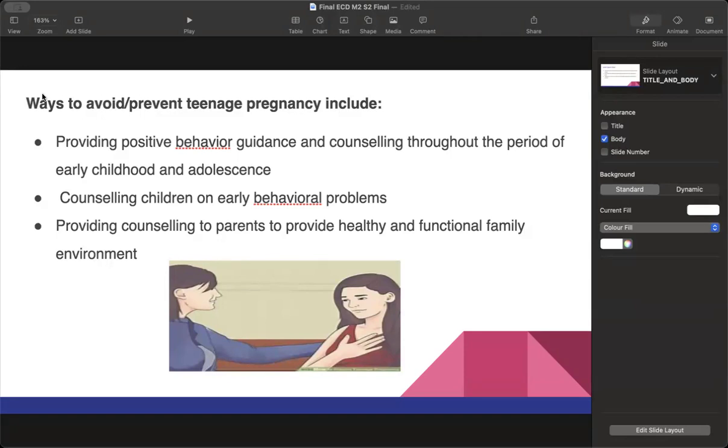This is a very bird's eye view on avoiding teenage pregnancy, but it's basically trying to simplify it by saying that when we start talking about uncomfortable topics, age appropriately, to children in the ECD center, it sets the foundation for more mature information to come later that would prevent these children from getting themselves in such situations in the first place.